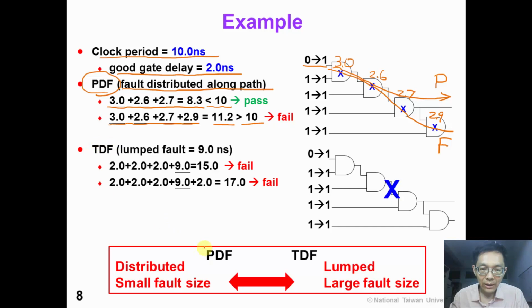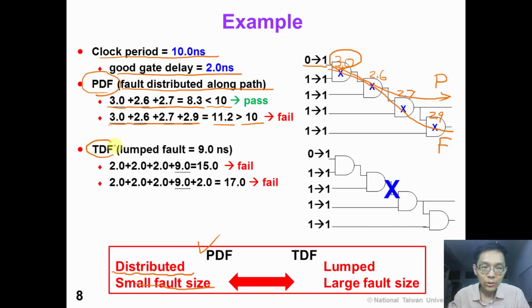So we can see that for path DelayFault model, it assumes that the fault is distributed along the faulty path. And in the path DelayFault model, the fault size can be small. The fault size means the extra delay of each gate.